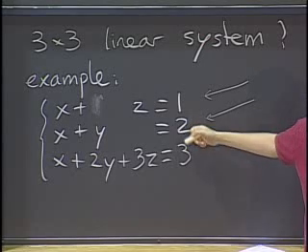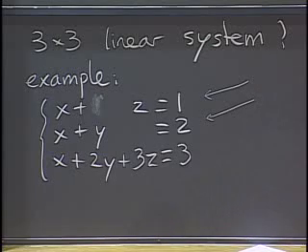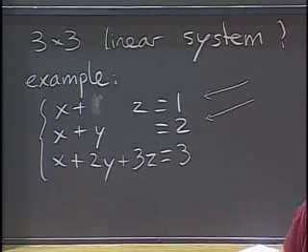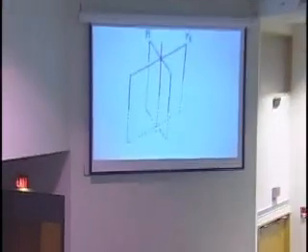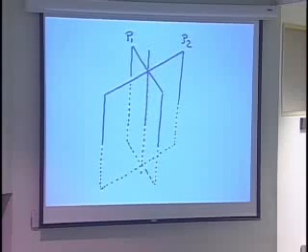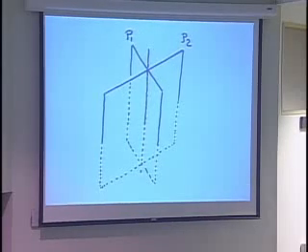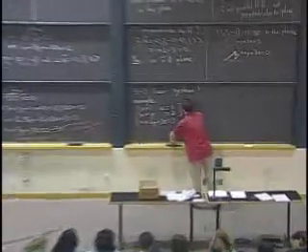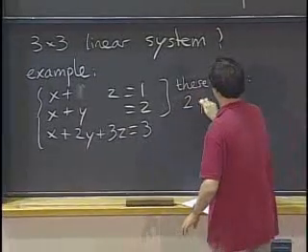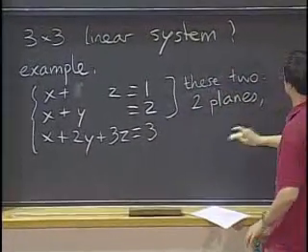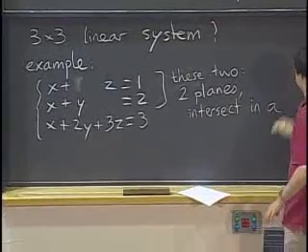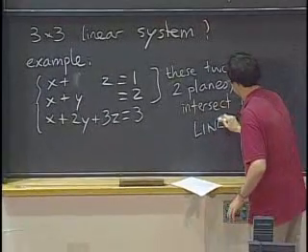So if you just look at the first two equations, that means you have two planes, and these two equations determine for you two planes, and two planes intersect in a line.